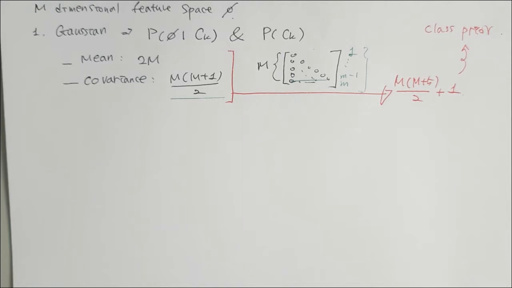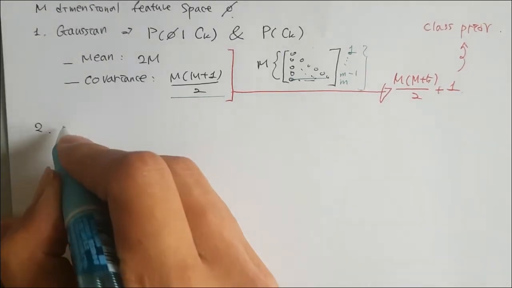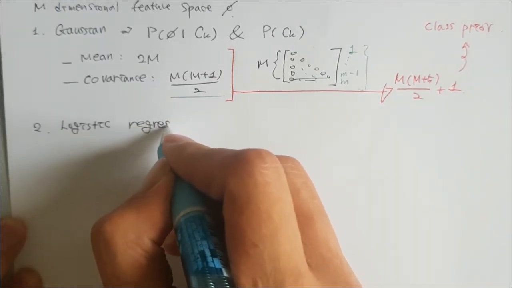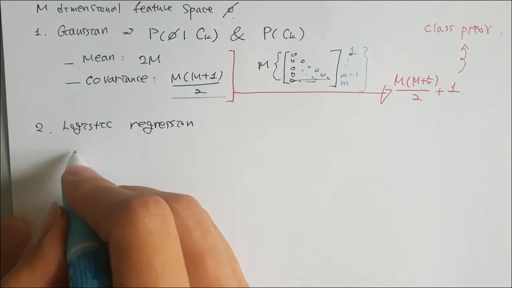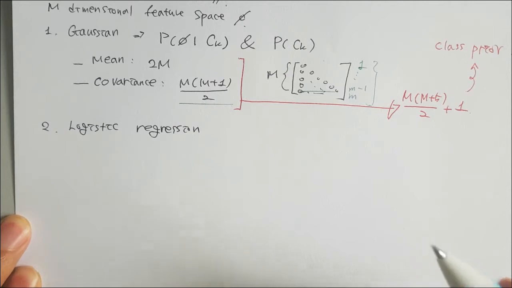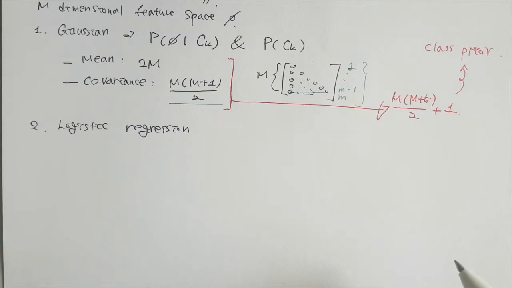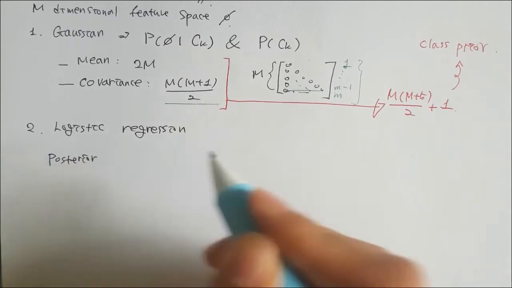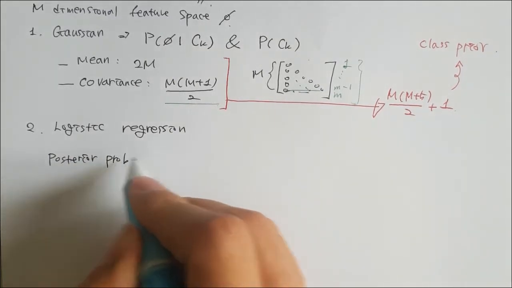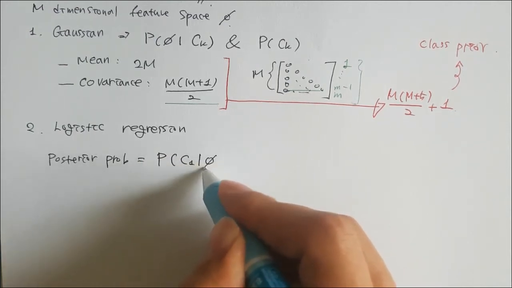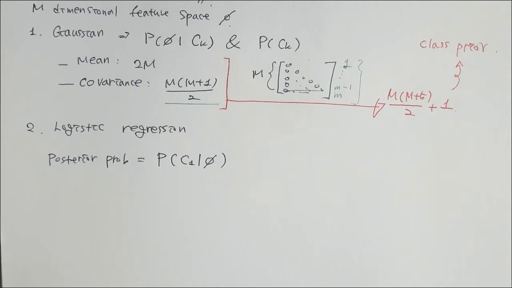So in terms of logistic regression, we are just calculating what we want, the point that we have to calculate, which is a posterior probability, and that is P of class 1 given data.